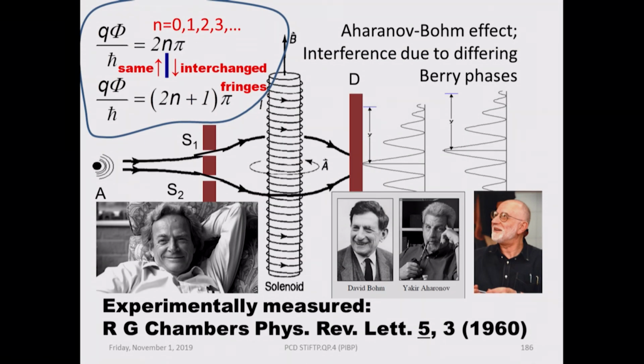When this phase difference is 2n pi, there will be no change, and when it is (2n plus 1) pi, then the bright and dark fringes will interchange. Where you had bright fringes, you will have dark fringes, and vice versa, whenever q phi over h cross, phi being the flux, is (2n plus 1) times pi. Okay?